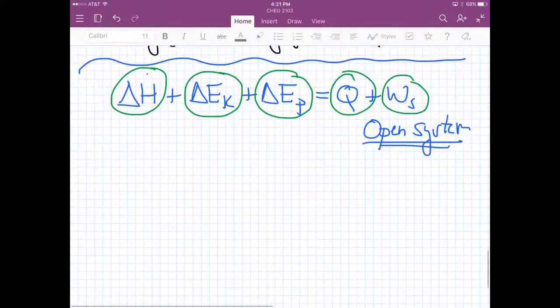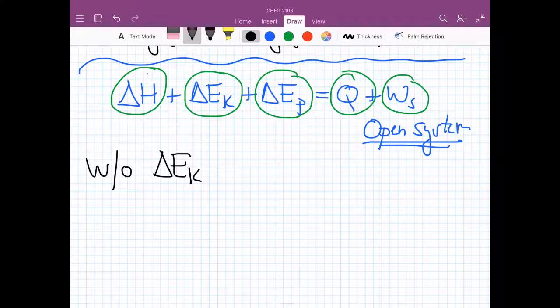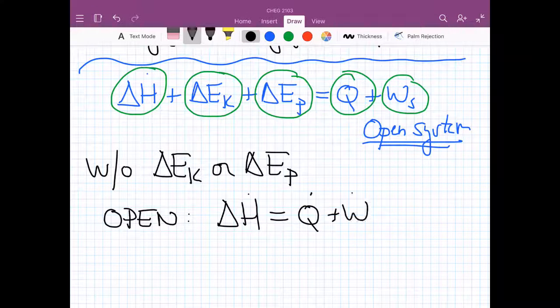And so if I have a system without macroscopic changes in kinetic energy or potential energy, i.e. my system is not moving or not changing in elevation significantly, then for an open system this basically reduces to delta H equals Q dot plus shaft work.